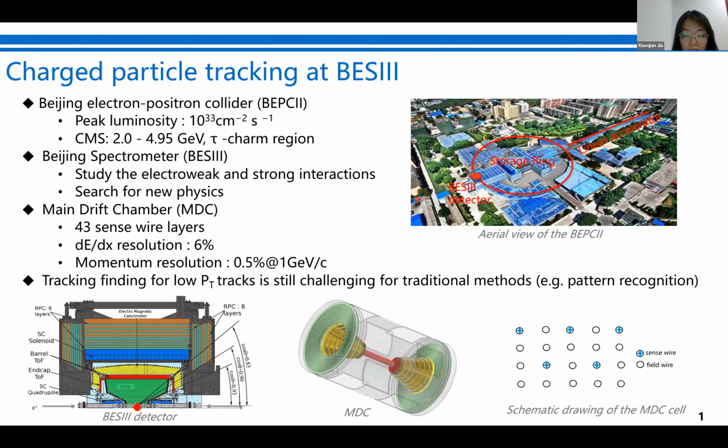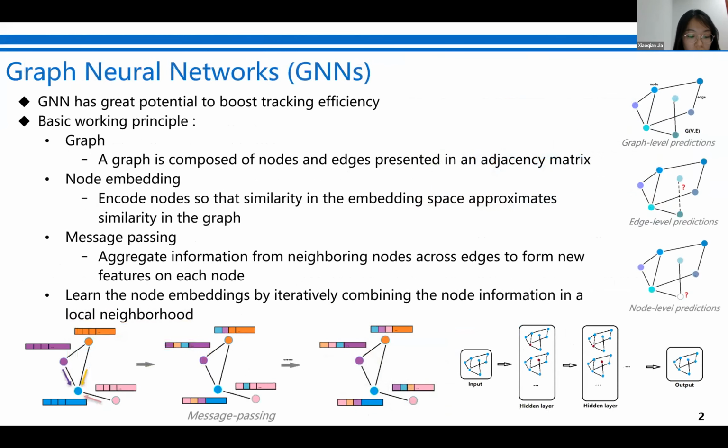But low PT tracks are still a challenge for them. Many studies show that GNN has great potential to boost tracking efficiency, especially for low PT tracks. So we want to explore the advantage of GNN.